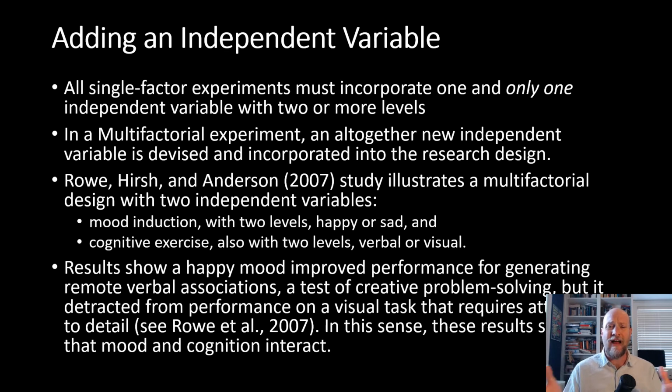But you can look at how they interact. Without this type of design by Rowe and colleagues from 2007, you would not understand that yes, your happy mood does affect your performance, but it affects your performance depending on the type of task that you're engaging with. And you only learn that type of knowledge about your theory by designing a study that allows you to examine the interaction of the two independent variables.